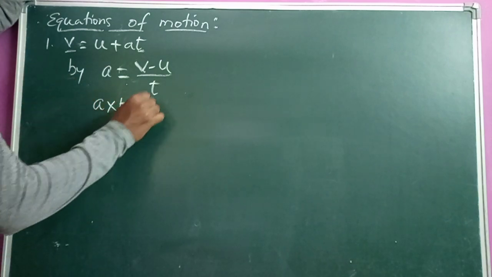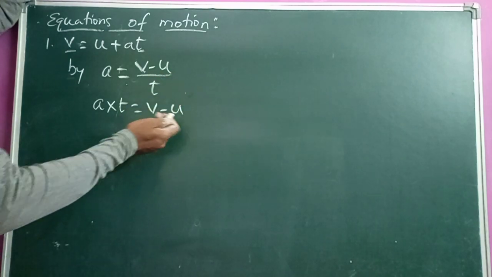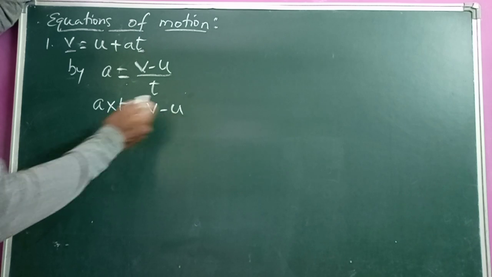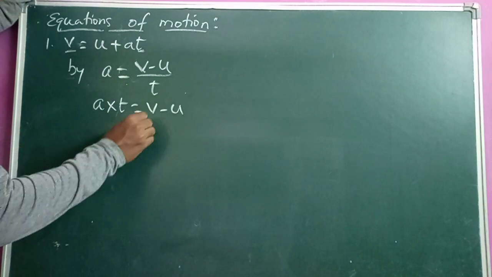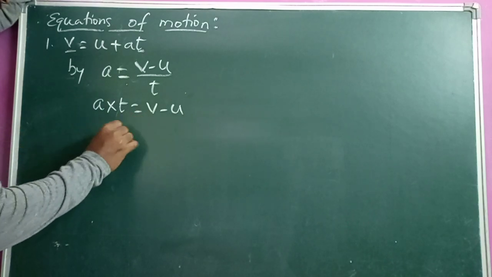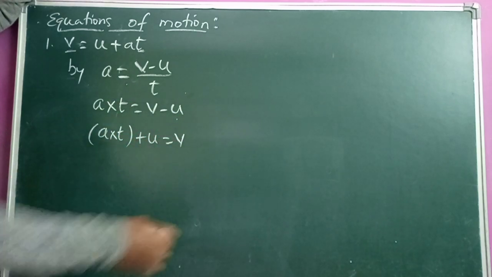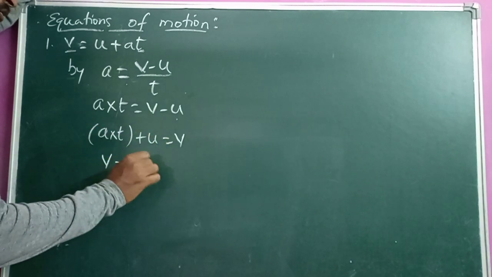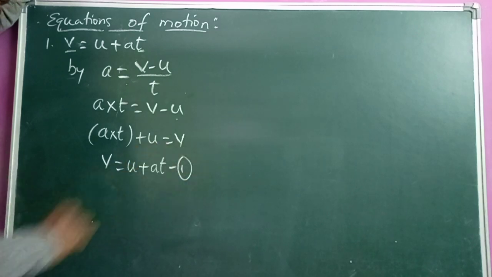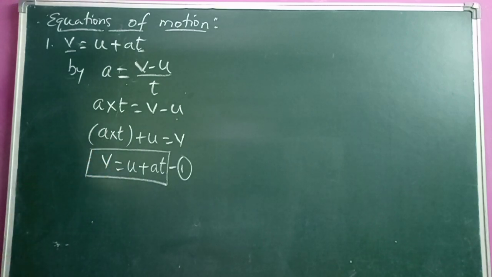So A into T is equal to V minus U. Here we need only V. Here the extra term is minus U, so send this minus U towards the left side. So A into T plus U is equal to V. If we rewrite this equation, V is equal to U plus A into T. U plus A into T is the first equation. In this way we can derive the equations.